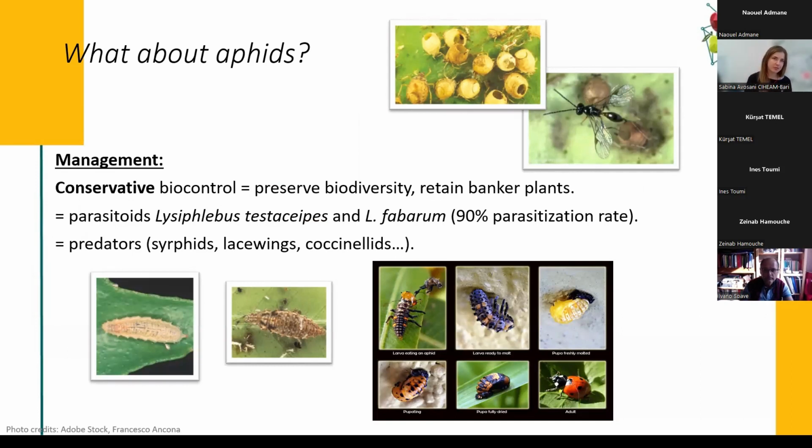So preserve the biodiversity, retain banker plants, use flowering strips. In this way, you can have parasitoids belonging to the genus Lysiphlebus, which can reach a 90% parasitization rate, so really good. But you can also have many species of predators, from syrphids to lacewings to ladybugs.